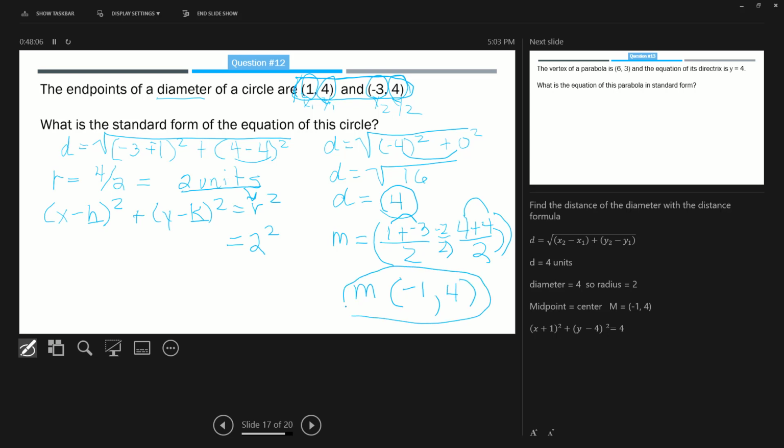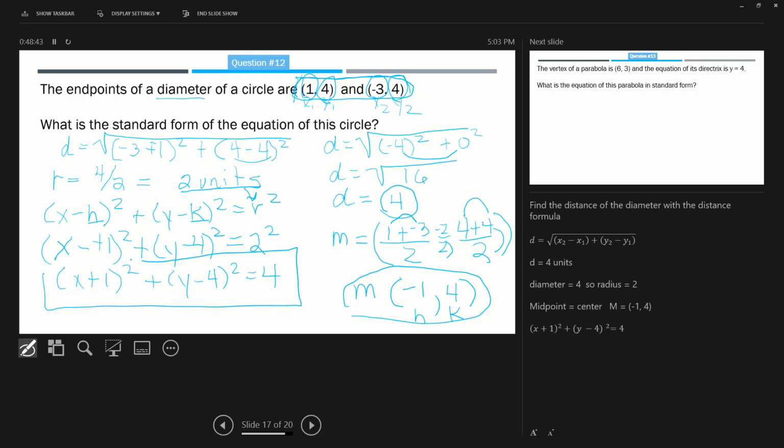So now this is our h and our k. We can go ahead and substitute that into our formula. X minus negative 1 squared plus y minus 4 squared equals 2 squared. We change this minus a negative to plus a positive. So we have x plus 1 squared plus y minus 4 squared equals 4. This is the equation of a circle written in standard form.